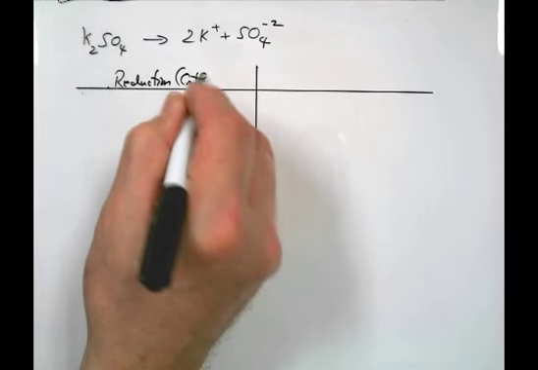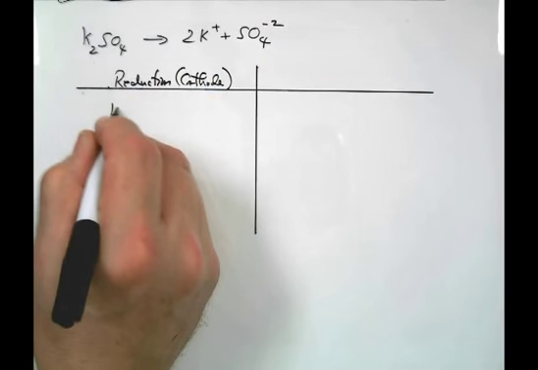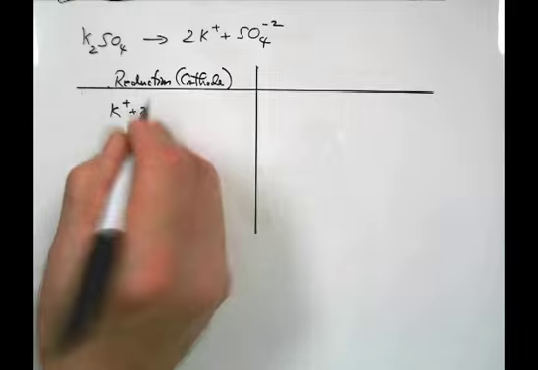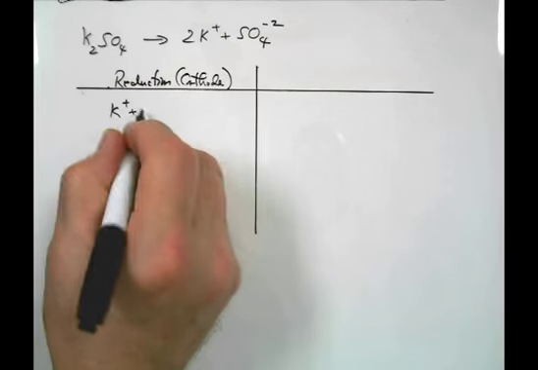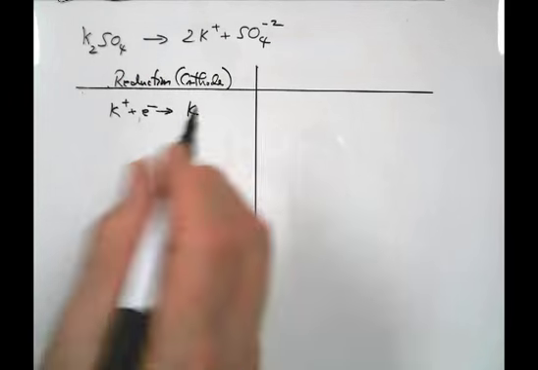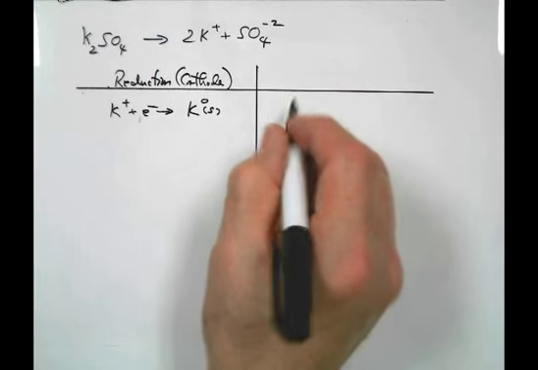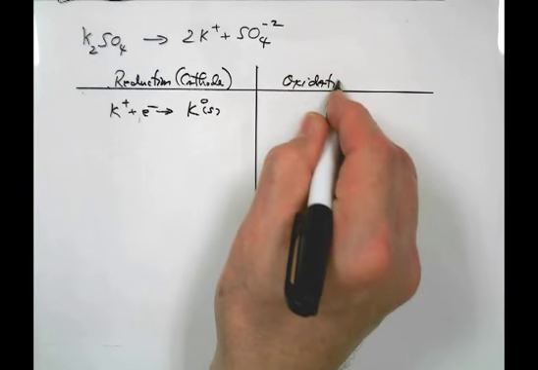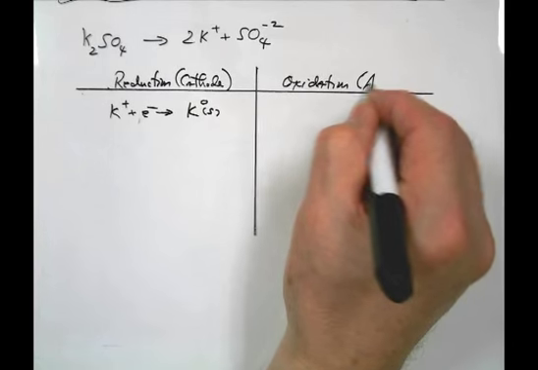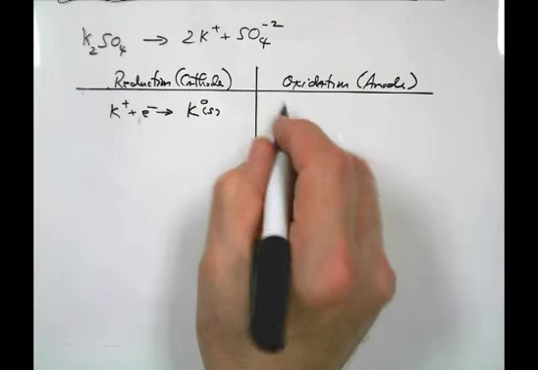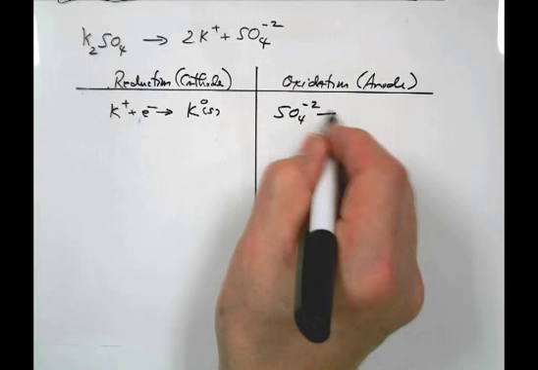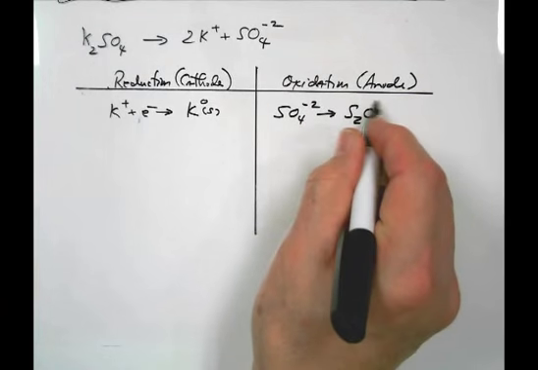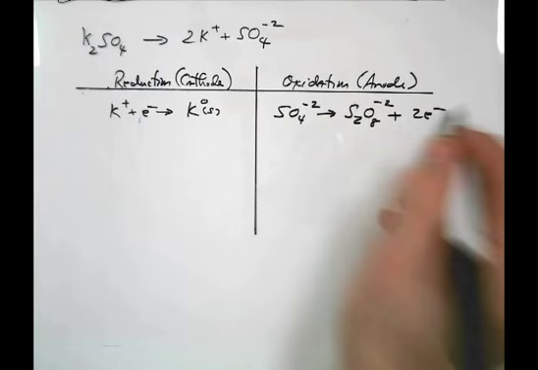But this is a reduction side, cathode. And here we have potassium plus 1 electron goes to potassium. And so oxidation, anode, which is your SO4 minus 2 goes to S2O8 minus 2 plus a couple of electrons like that.